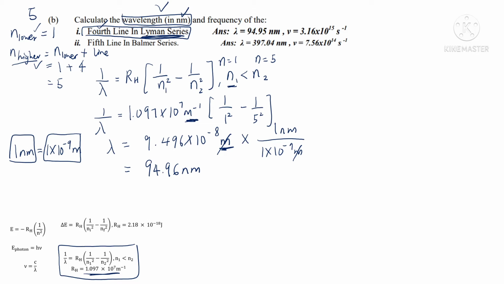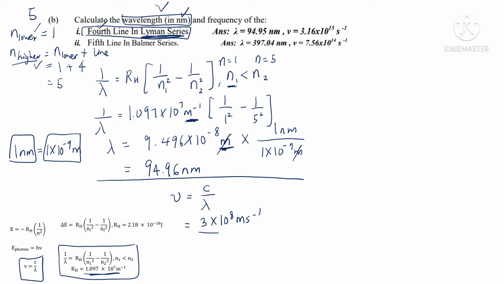To calculate the frequency, another formula we need to use. So that is this formula. We want to calculate frequency nu. We use speed of light divided by the wavelength. The speed of light is a constant having the value of 3 times 10 to the power of 8 meter per second. And since the speed of light is having the unit meter per second, therefore the wavelength of the photon that we need to use must have the unit of meter.